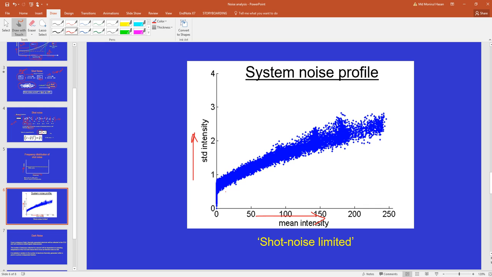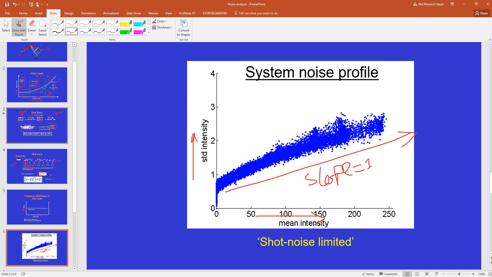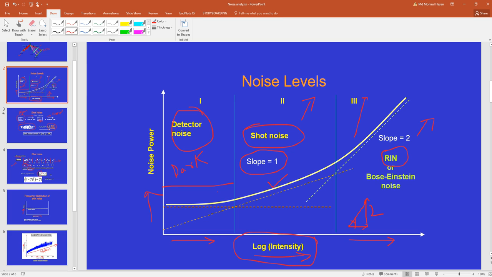Now, if we plot this line and do the fitting, and we find that the slope is equal to 1, then we can say our system is running in the shot noise limited region, because we have seen that in the shot noise limited region the slope is 1.